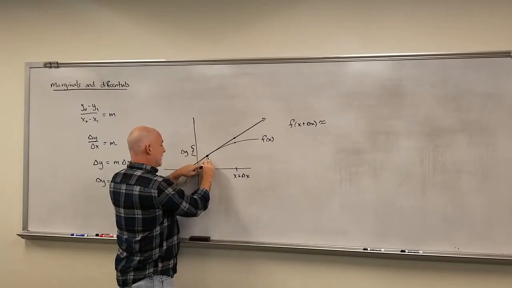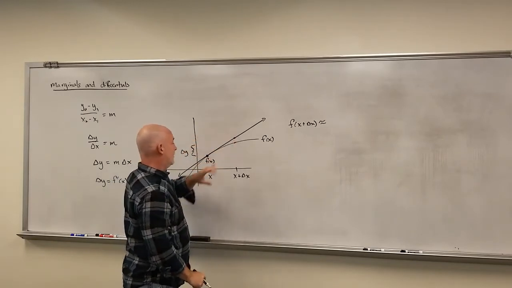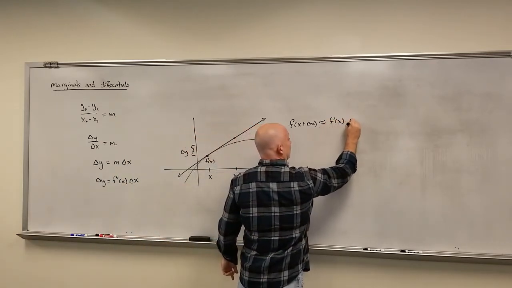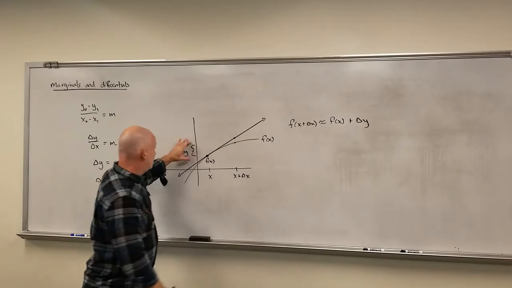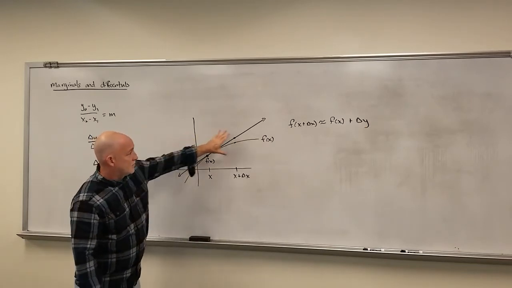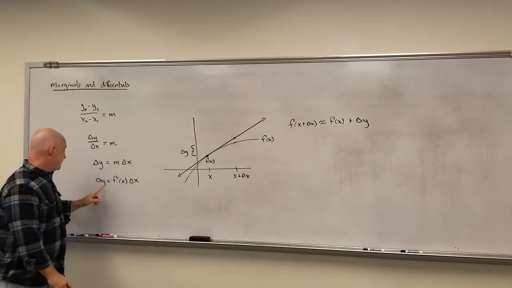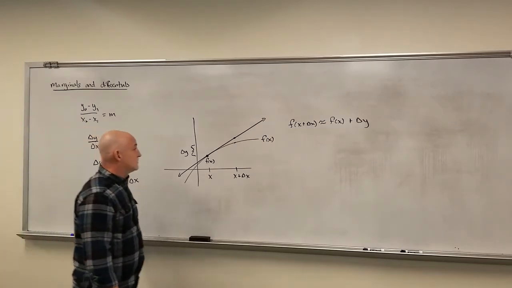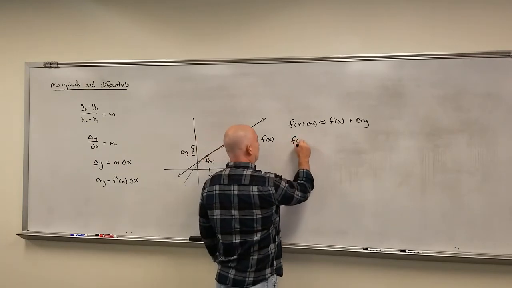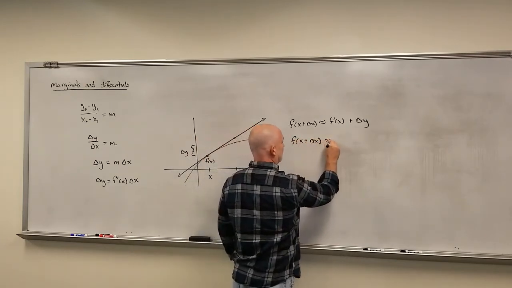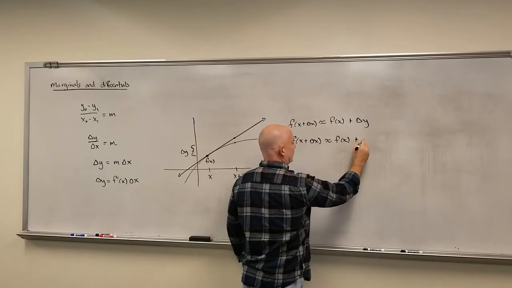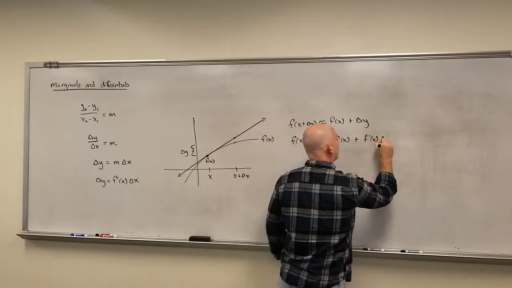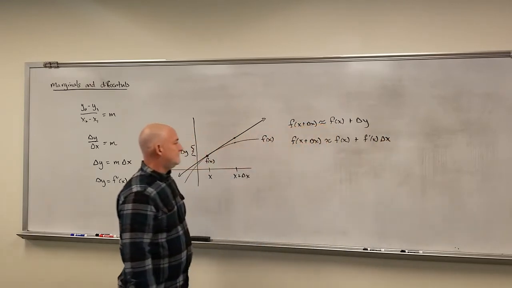This y value is f of x plus that little change in y. Remember, the change in y is the distance from there to there. That's our slope. Well, we saw from a second ago that our change in y can be written as f prime of x dx. So f of x plus delta x is approximately f of x plus f prime of x delta x.